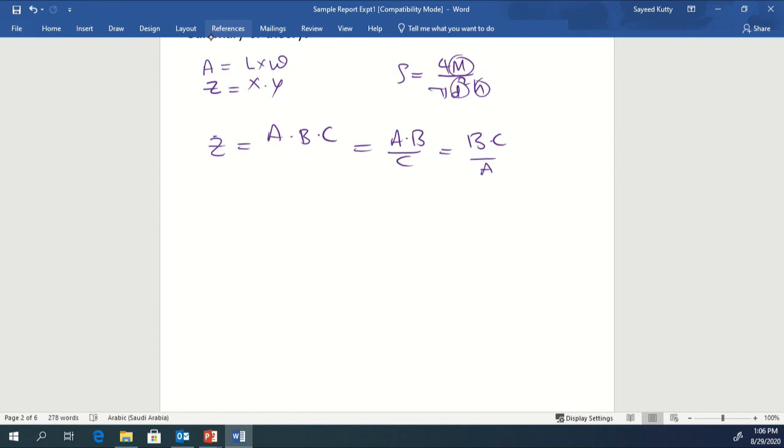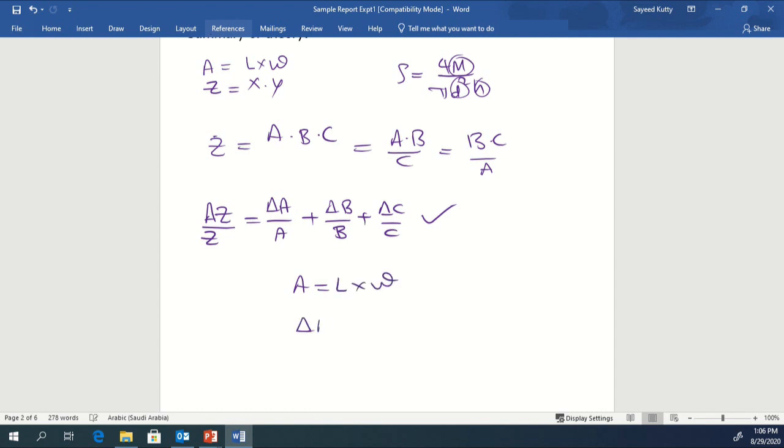differential analysis. So I will write the uncertainty in the measurement of Z: delta Z divided by Z equal to delta A divided by A plus delta B divided by B plus delta C divided by C. Very simple. So imagine if you wanted to use this rule to find the uncertainty in the area measurement, A is equal to length into width.